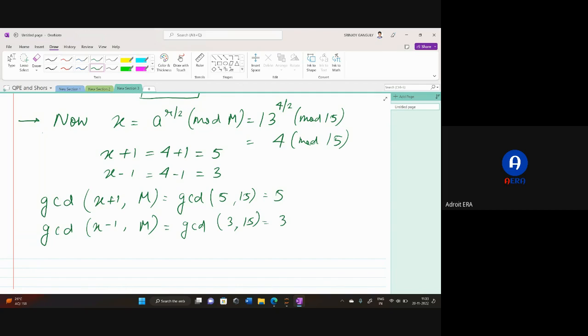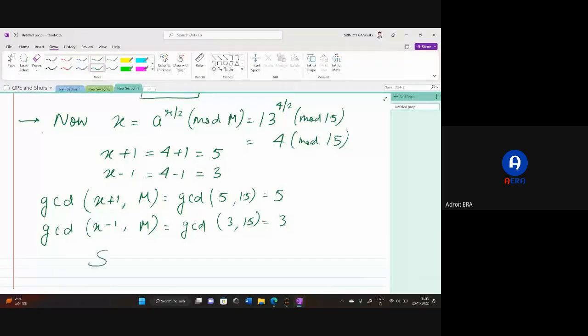Once you get these GCDs, you can see, according to the algorithm, none of them are 1. Remember, in the algorithm it said check GCD of x plus 1 comma m and x minus 1 comma m. If either of them is not 1, then the factors of m have been found, and that is a success, as you can see.